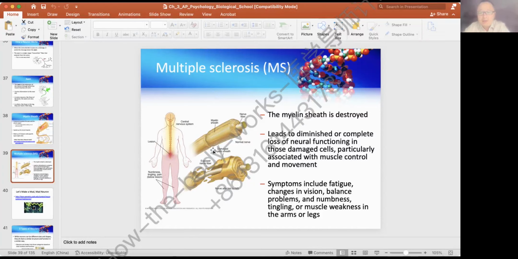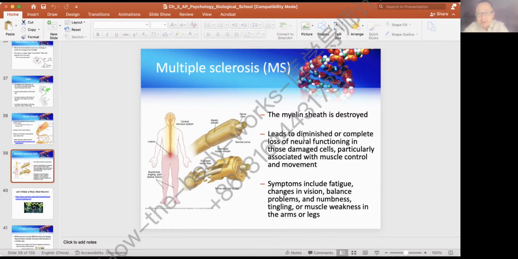As we can see from this PowerPoint slide, the myelin sheath of the axon has been destroyed, so the nerve fiber of the axon is exposed, and then it can easily interact with the other fibers. So you can imagine that the signal transmission is not that accurate.